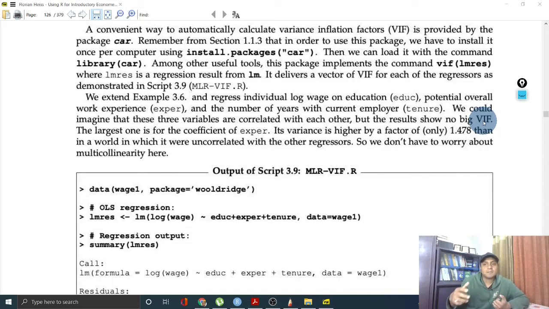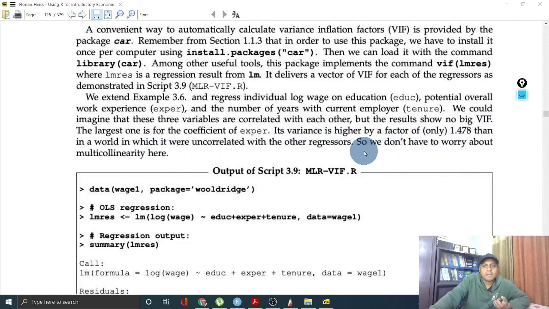But if the results don't show big enough values, then you should say there is no big VIF. The largest one is for the coefficient of experience, and its variance is higher by a factor of only 1.478 than in a world in which it were uncorrelated with other regressors, so we don't have to worry about multicollinearity here.